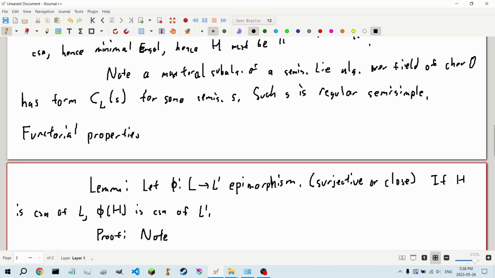First, we note that the image of H is nilpotent.